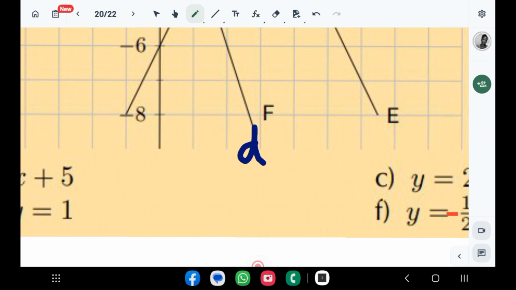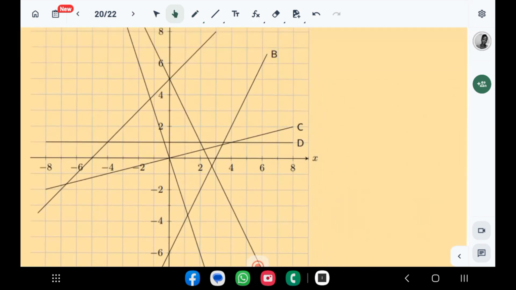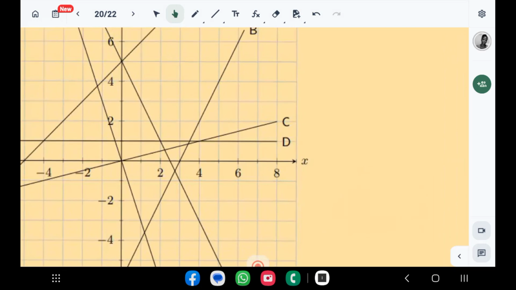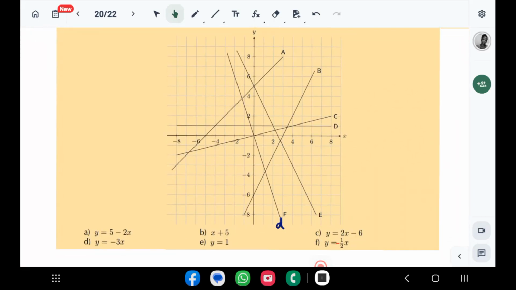This is D. We've got the other negative graph. It has a y-intercept of 6. Let's see the y-intercept of 6. There it is. No, y-intercept of 5, sorry.